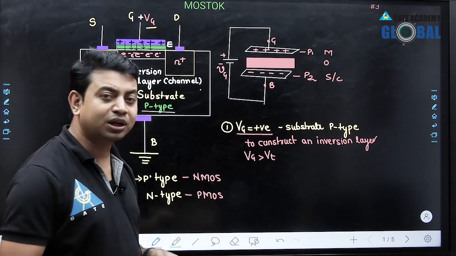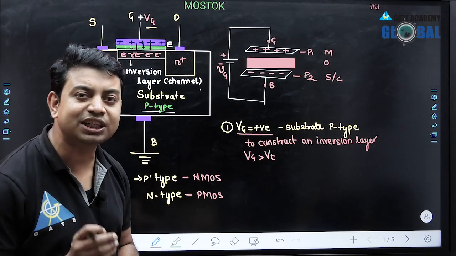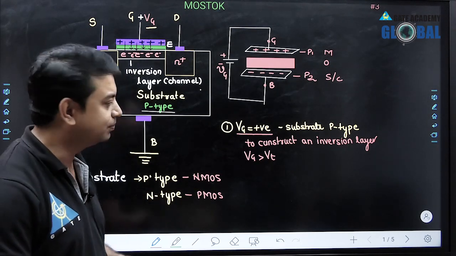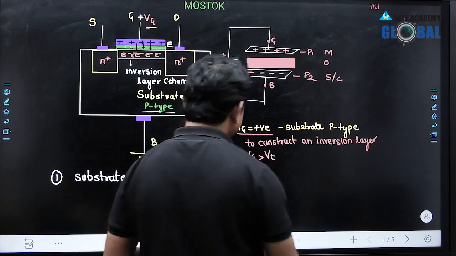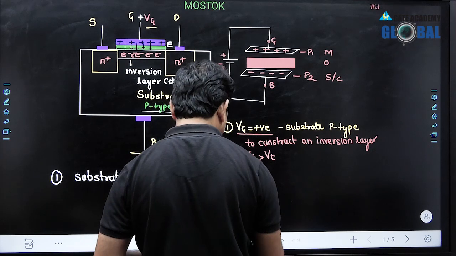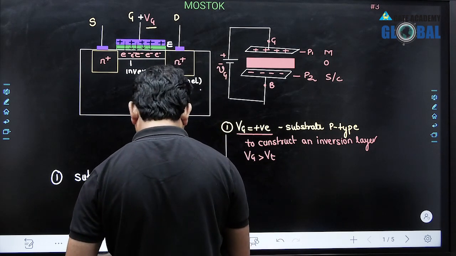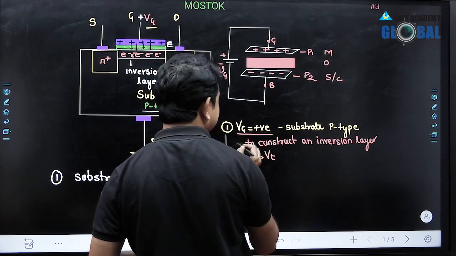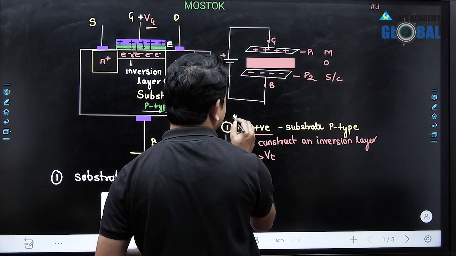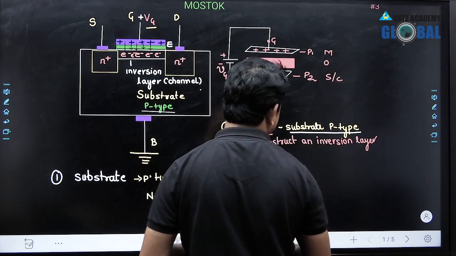So the main task of this particular gate voltage is to create a conductive channel. So this gate terminal voltage is actually creating a conductive channel. So I just separate this one by a line, and I must write certain points here. So this is the first point, that the gate terminal voltage is positive if the substrate is of p-type. Okay.